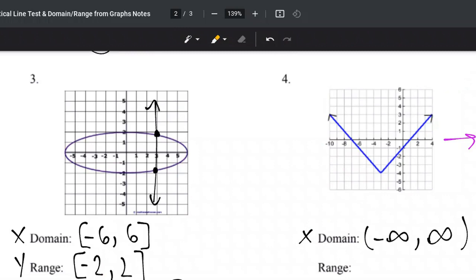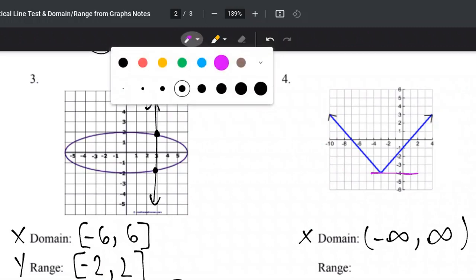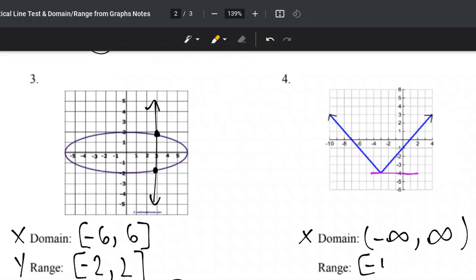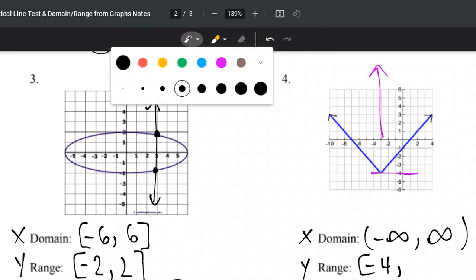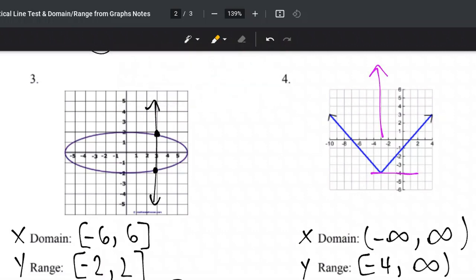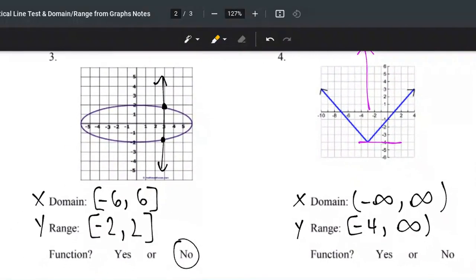Well, let's check out and see how far down does the graph go? Well, the graph starts here at -4 on the y-axis, so -4. How far up does the graph go? It goes forever up to positive infinity. Is this a function? Yes, if we draw a vertical line through that graph, it'll only intersect it at one point.